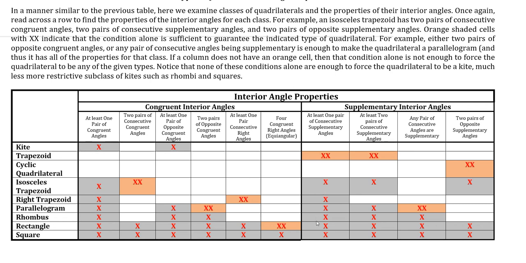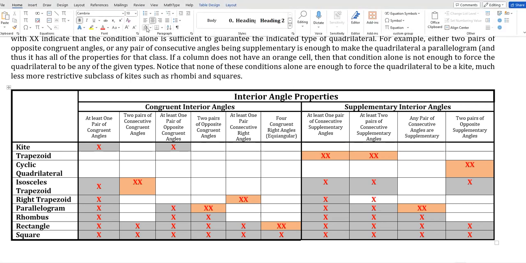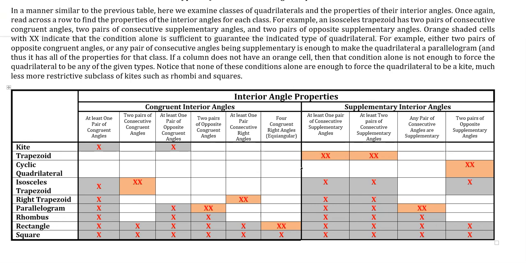and all of these are trapezoids, so they're going to have that same property, including right trapezoids here. Okay, and in fact, if it has one pair of consecutive supplementary angles, it must have at least two pair of consecutive supplementary angles.